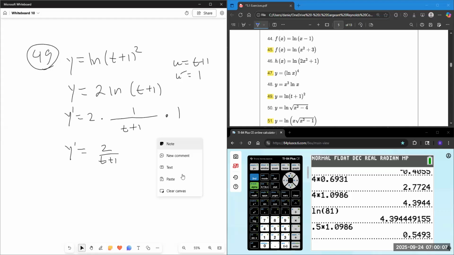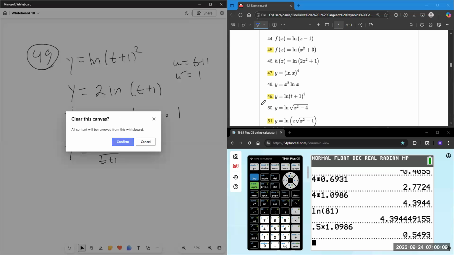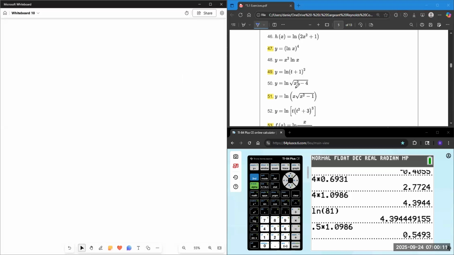Let's look now at 51. Says y equals ln of x root x squared minus 1. So I think it's easier to split this up and differentiate each of the individual logs here.